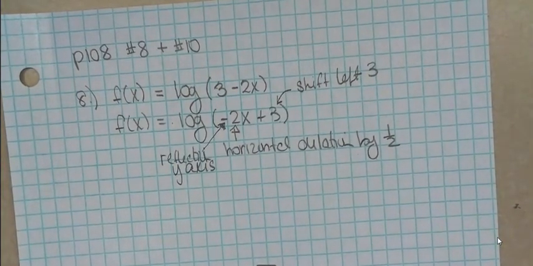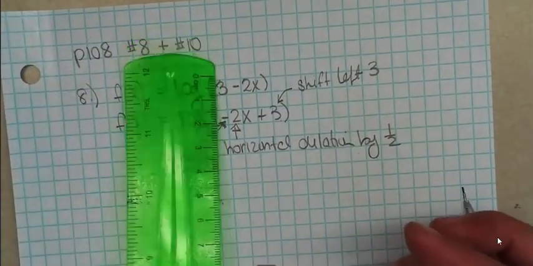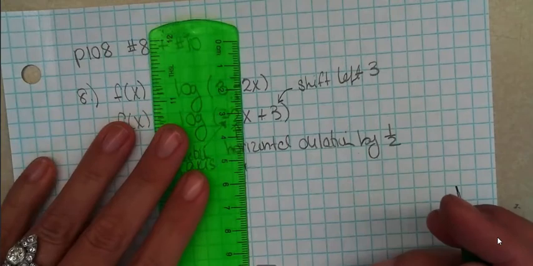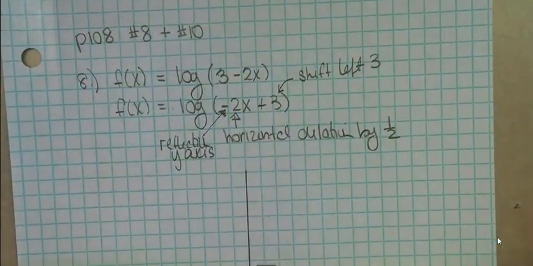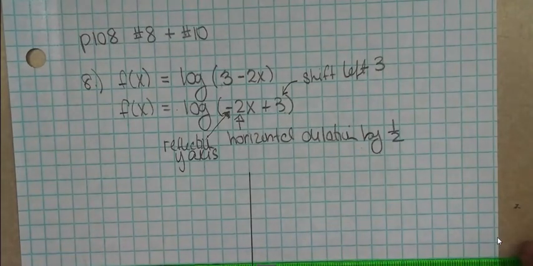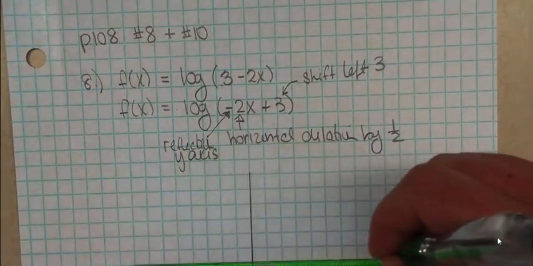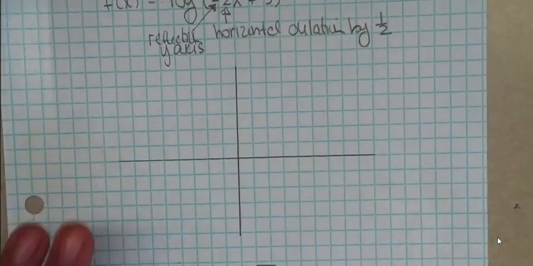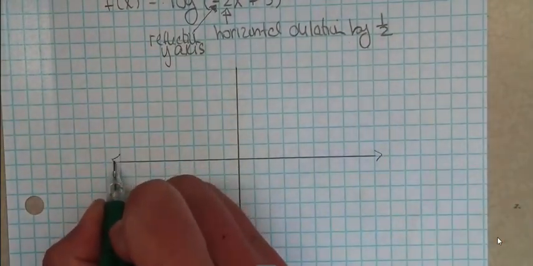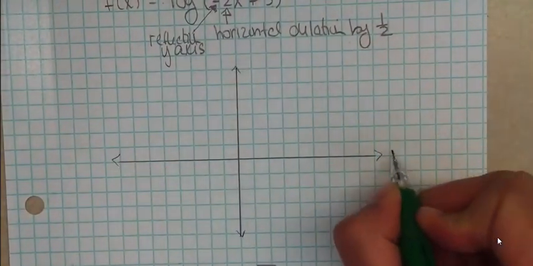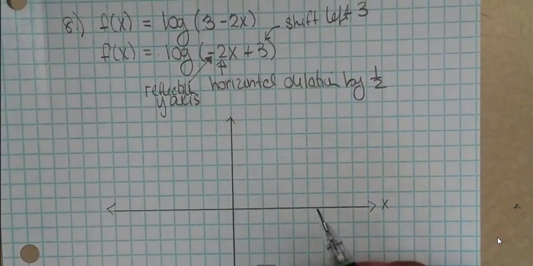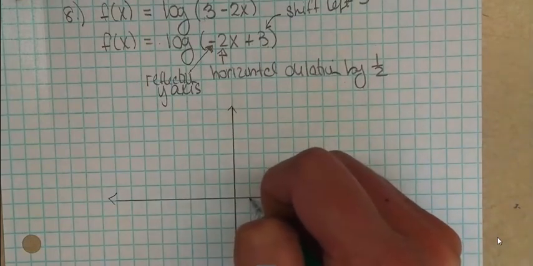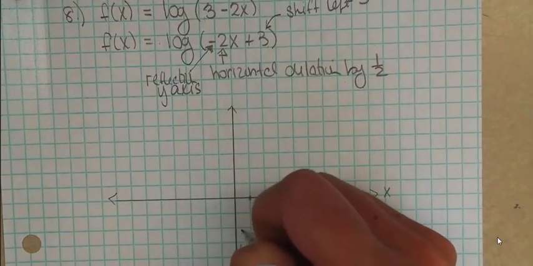Okay, so getting a ruler so I can make this somewhat neat. So my original graph would have been a logarithm that looks something like this.